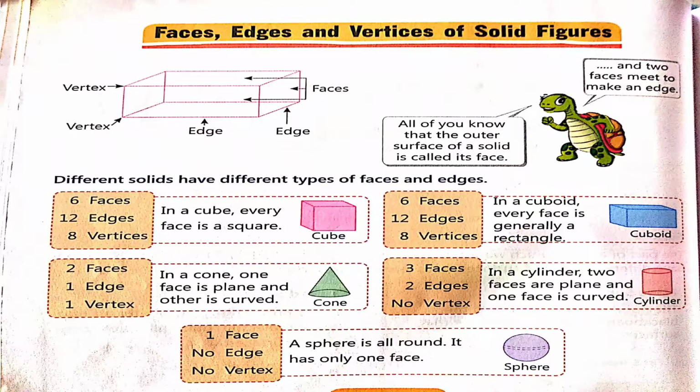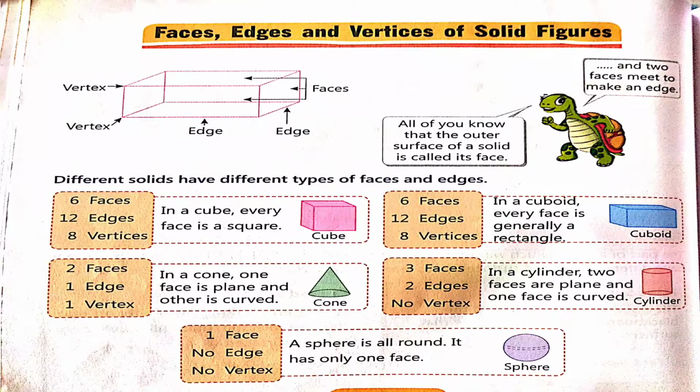This is one face and this is another face. These two faces meet to form the edge. And the corner is known as the vertex.